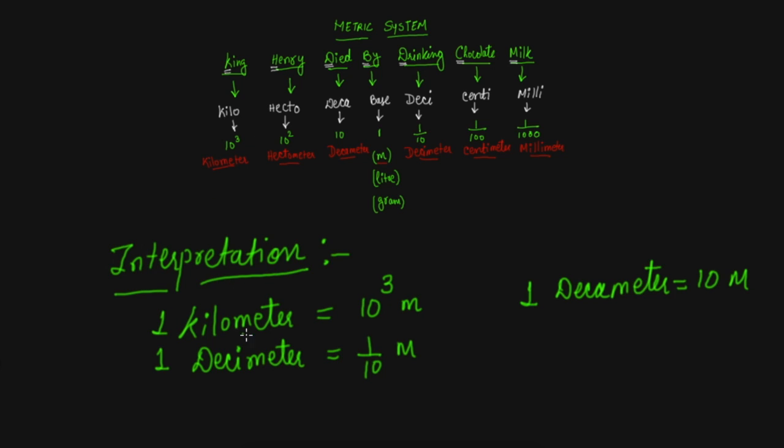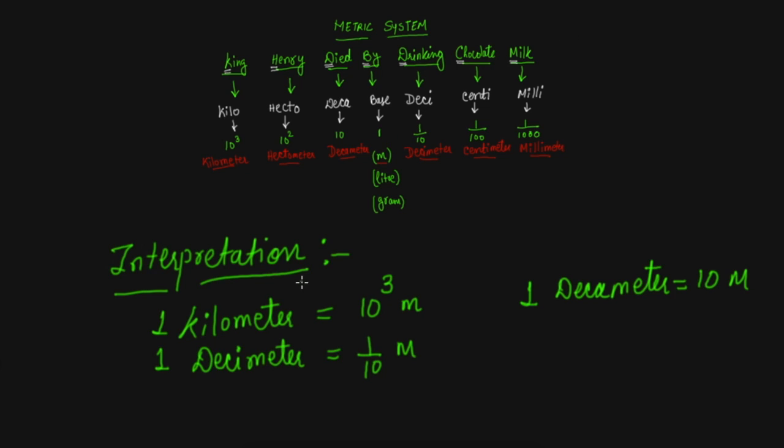When you are talking about a kilometer here, you would use this 10 raised to 3 value and say that 1 kilometer would be equal to 10 raised to 3 base unit, which is the meter. Similarly, 1 decimeter would be equal to 1 by 10 meter. 1 decameter would be equal to 10 meter, which is your base unit.